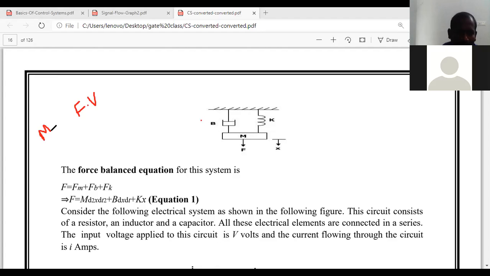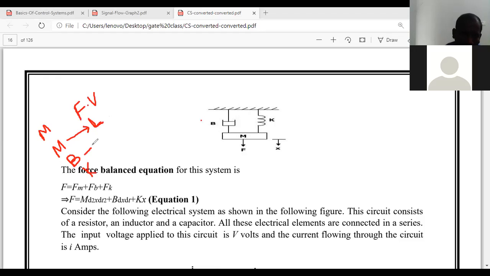In the mechanical system, what are the basic elements? Mass element, dashpot, and spring element. So the mass element is replaced by, in force voltage, the equivalent element: inductor. L is represented by inductor.